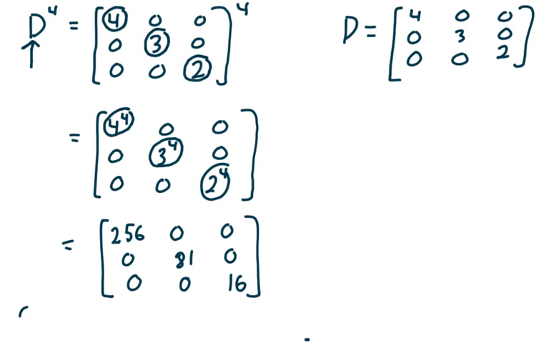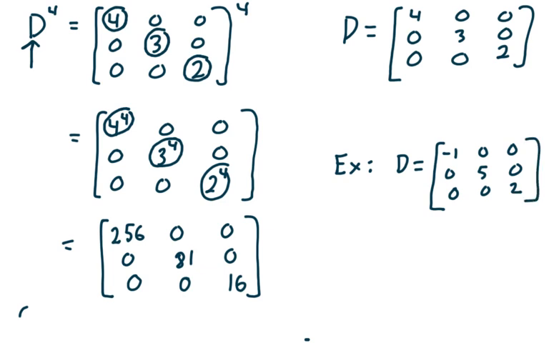Okay? So to give you another quick example here. If D is the matrix -1, 0, 0, 0, 5, 0, 0, 0, 2, and I want D to the 3rd, all I have to do is take this entry, -1, and raise it to the 3rd.